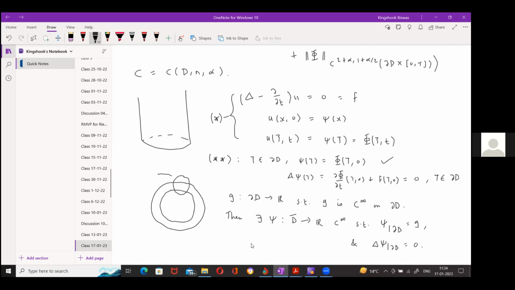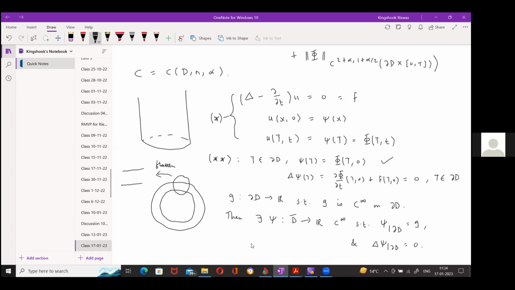You can flatten this out to a horizontal strip.